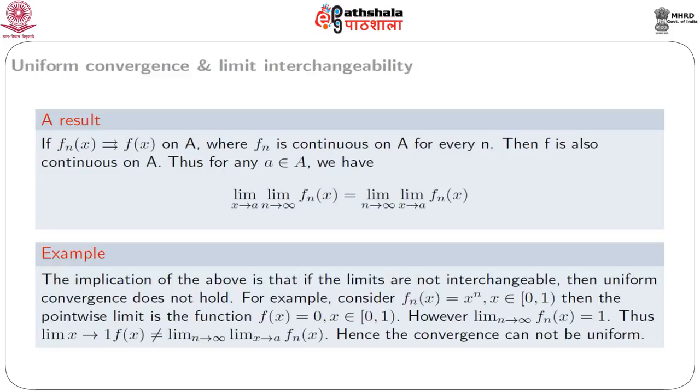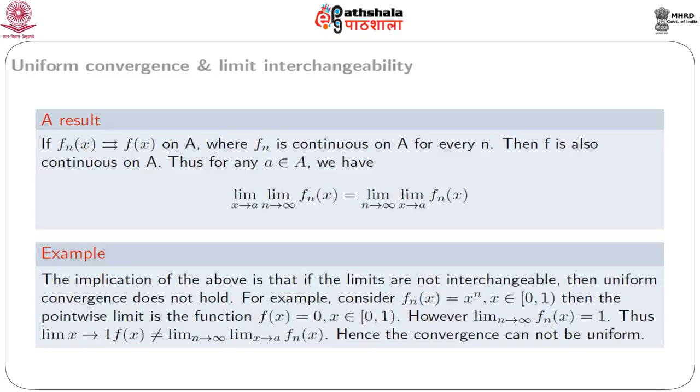A for every n, then f is also continuous on A, and then for every a belonging to A, we have limit as x tends to a of limit n tends to infinity f n x is the same thing as limit n tends to infinity of limit x tends to a f n x.